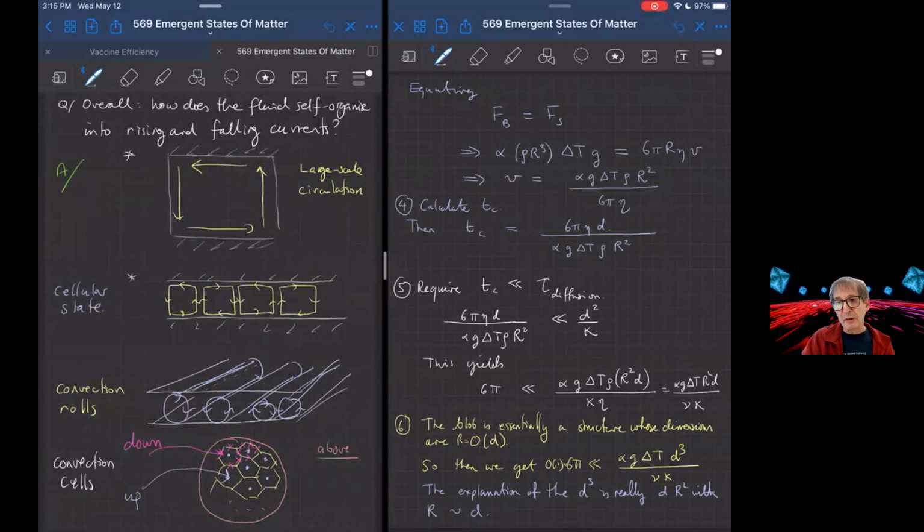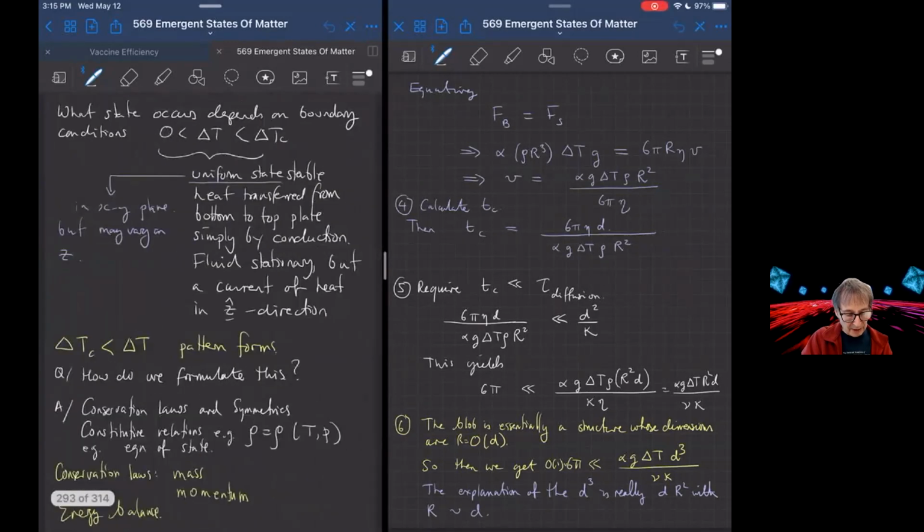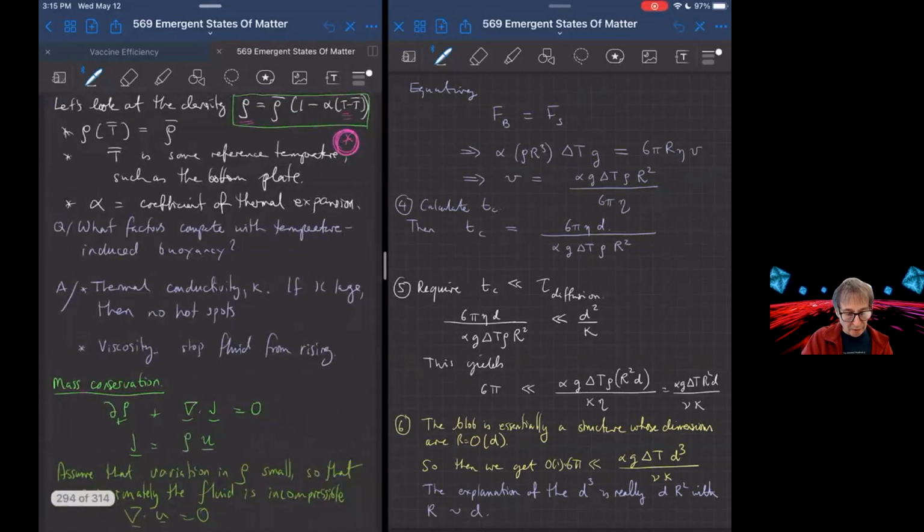So the question we want to understand is, what are the conditions under which we get a transition to these pattern-forming states? The way we approached this was to write down the differential equations describing the problem.